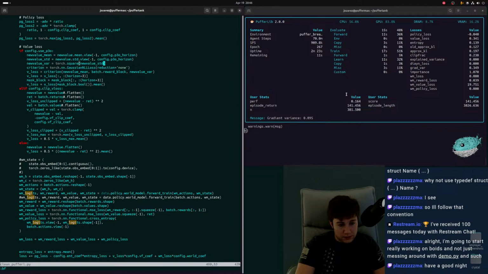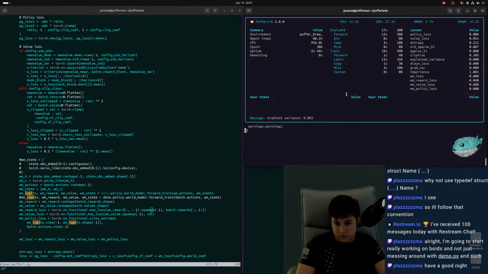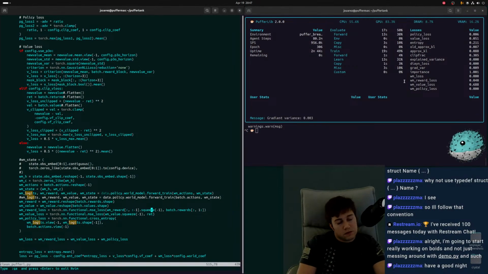Does it need to be a clipped value loss? Crashed. Damn it.